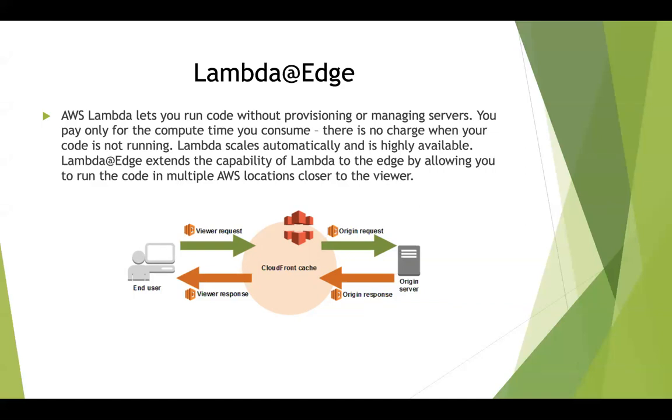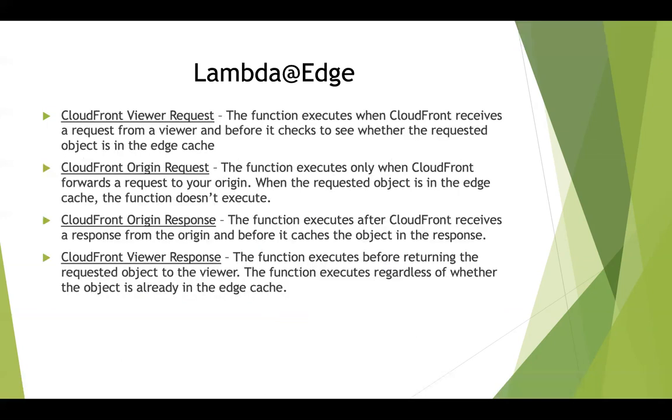You can run a Lambda function at the viewer request. You can run a Lambda function at the origin request. You can run a Lambda function at the origin response, and you can also run one at the viewer response.